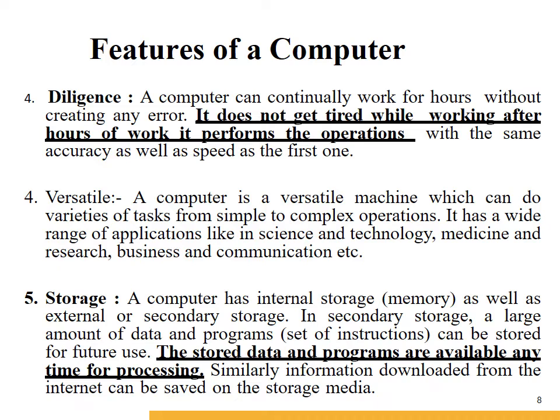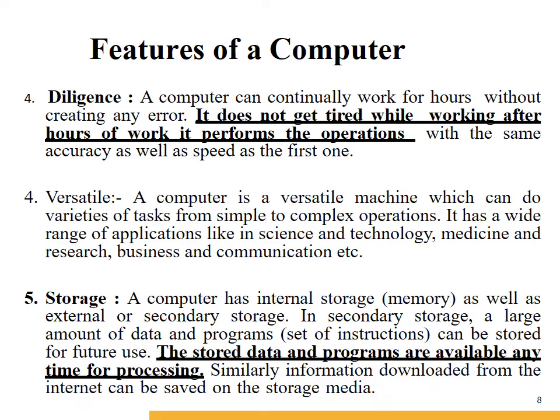It does not feel tired, disturbed, and lazy as human beings. So a computer can continually work for hours without creating any error. It does not get tired while working. After hours of work, it performs the operations with the same accuracy as well as speed as the first one.